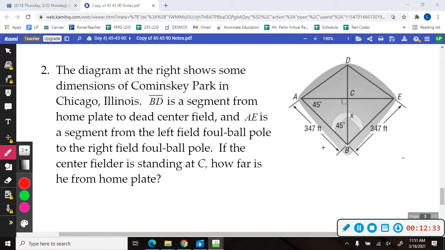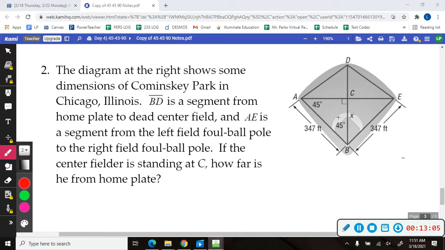So we have Kaminsky Park, and that's in Chicago. And it says BD, so from here to here, is if you were to go from home plate. So here's home plate. So there's first, here's first base. Here's third. Here's second. In AE, if you went from the left field foul pole to the right field foul pole, that would be AE.